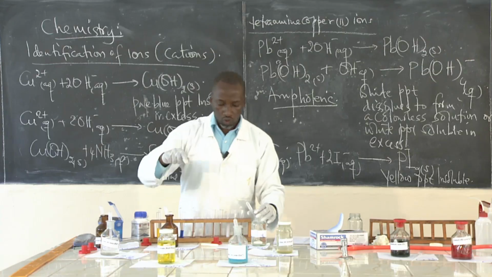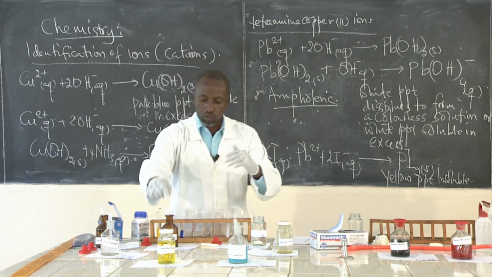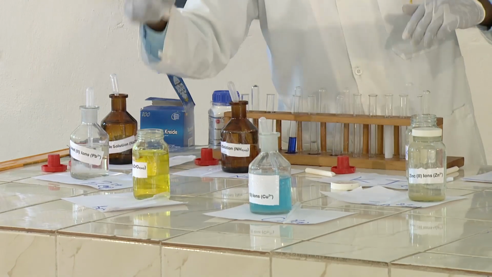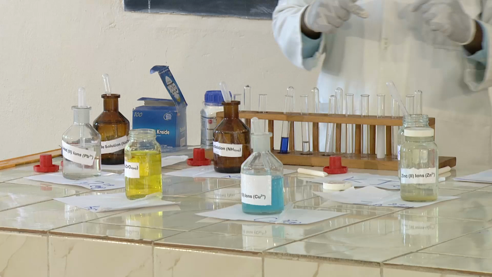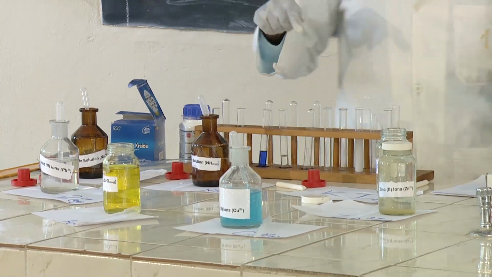Instead of using potassium iodide, we can also use potassium chromate, which is a yellow solution. Then we see what happens.